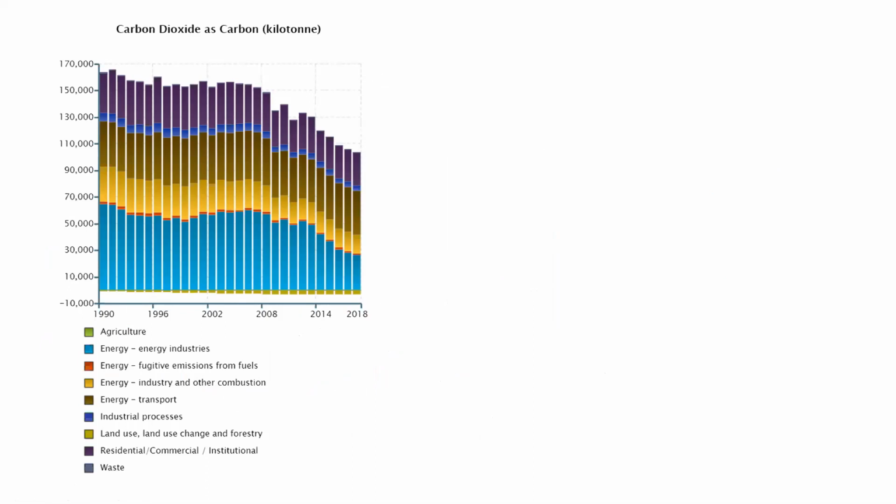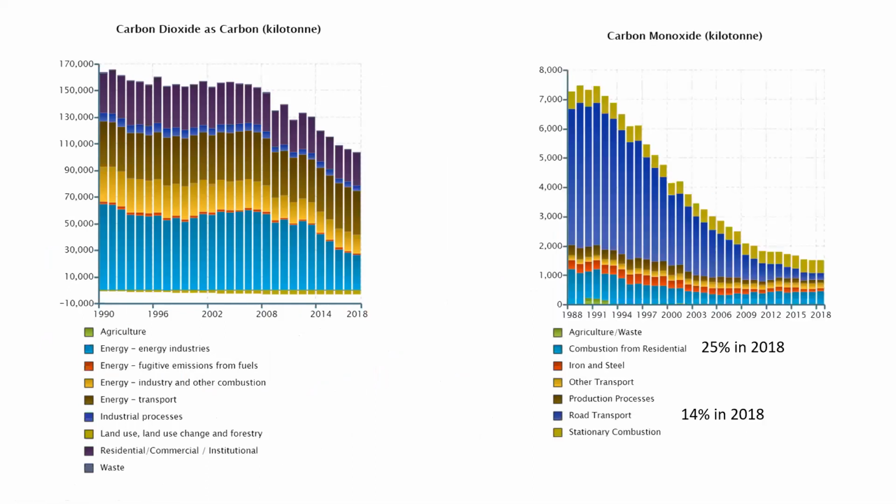For CO2, just going back to this plot, and again this is just for the UK, you can see that emissions are predominantly from the energy industries, transport, processes, and residential emissions. For carbon monoxide it's slightly different, but fairly similar.